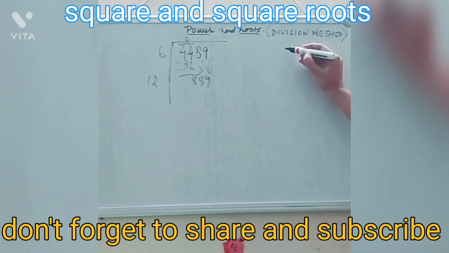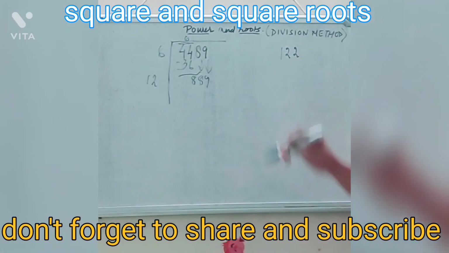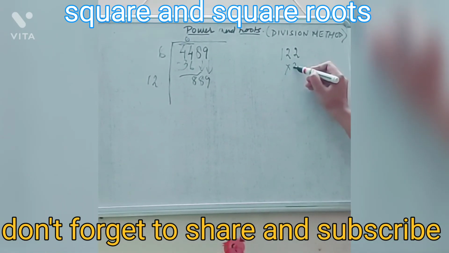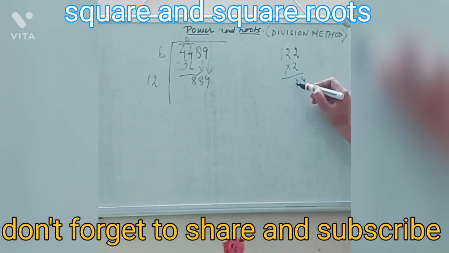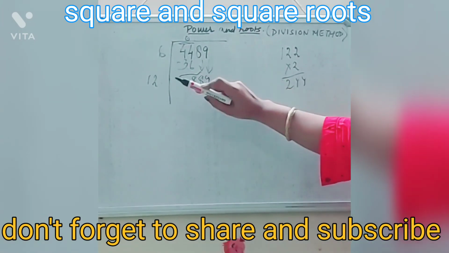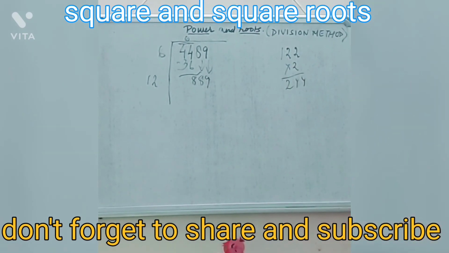For example, if we add 2 to 12, it becomes 122. We'll multiply 122 with 2. This will be 244. This is how we find the square root. In the second step, we double the quotient, then we add a number to it, and then we multiply that number with the number which has been added.